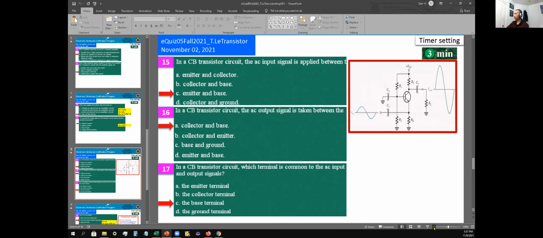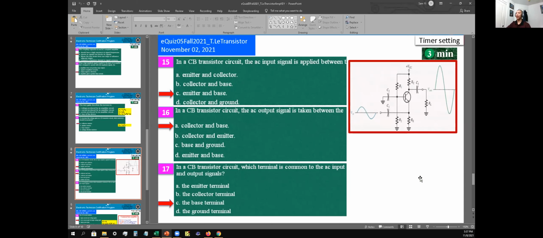Okay, number 17, in the common base transistor circuit, which terminal is common to the AC input and output signal? Common base would be right here, so it's connected to the base terminal. So the answer is C, as in cat, for 17. Any question on 15, 16, or 17?